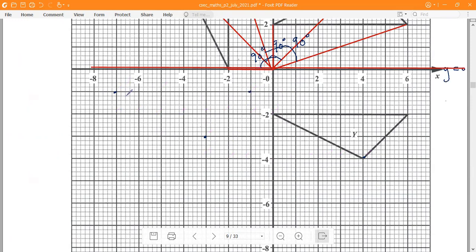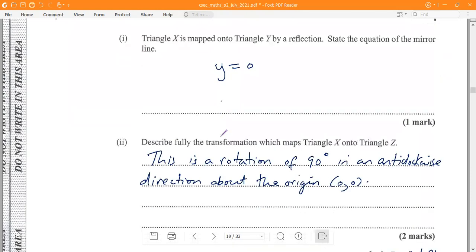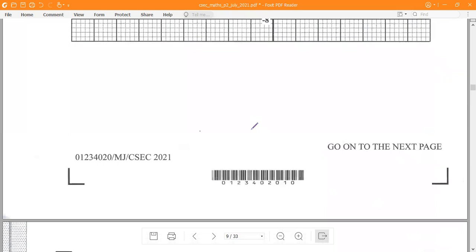This gives us our image. With our rulers, we draw very straight lines, and therefore this is what we have, capital V, as we were asked: translate triangle Y using the vector and label this image capital V. So we did it, we labeled it capital V.